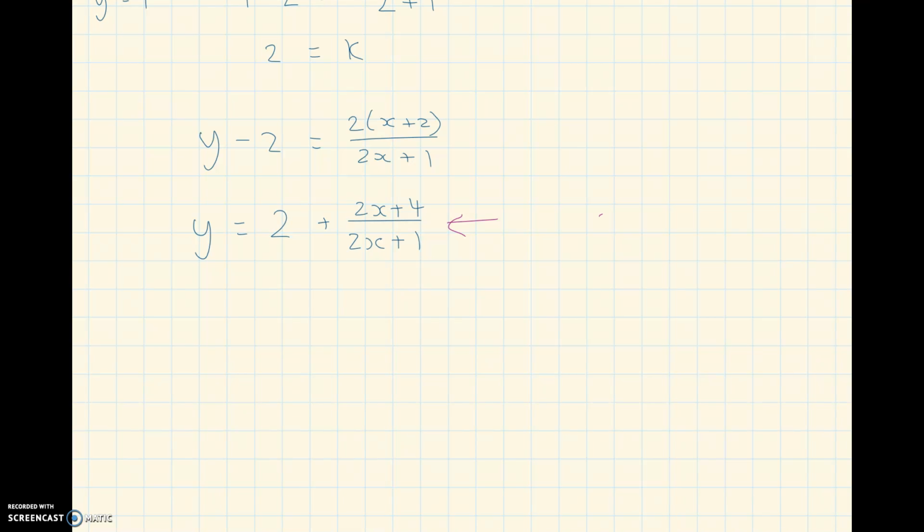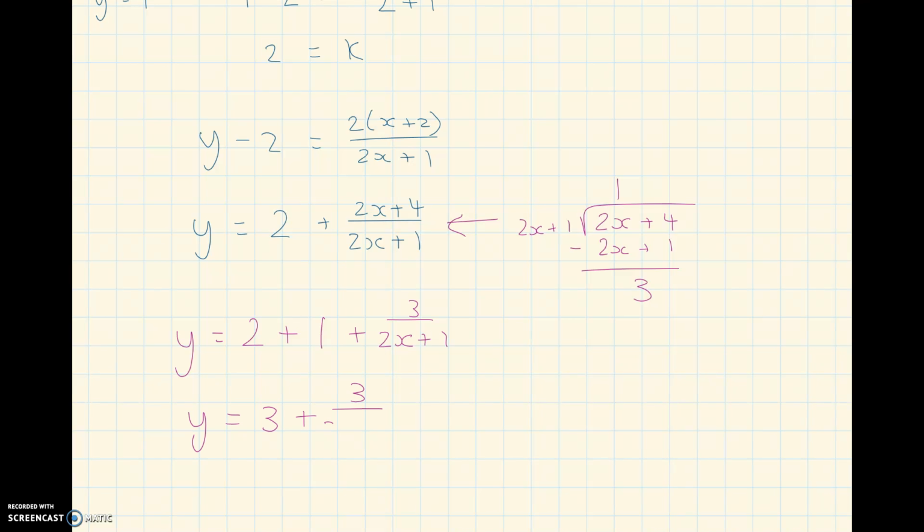So if I do 2x plus 4 divided by 2x plus 1, 2x plus 1 goes in once, take them away, I get a remainder of 3. That's the same as y equals 2 plus, and in place of that fraction, 1 plus 3 over 2x plus 1, or y equals 3 plus 3 over 2x plus 1.